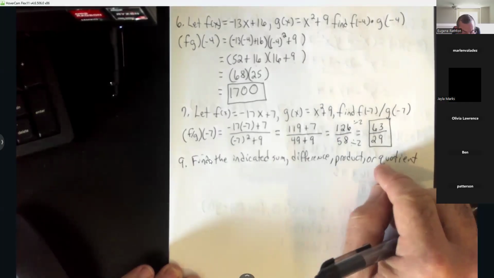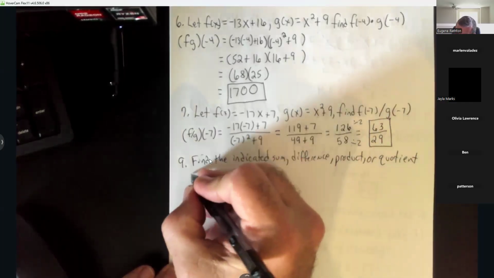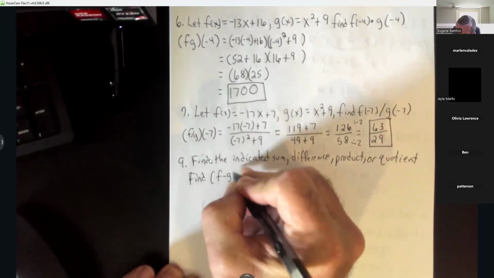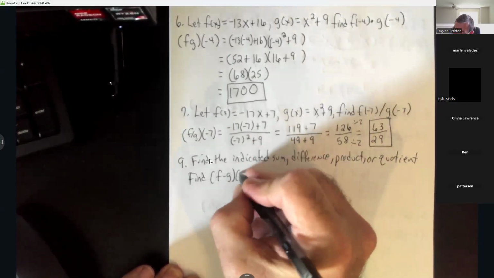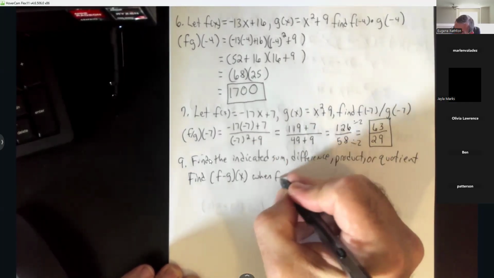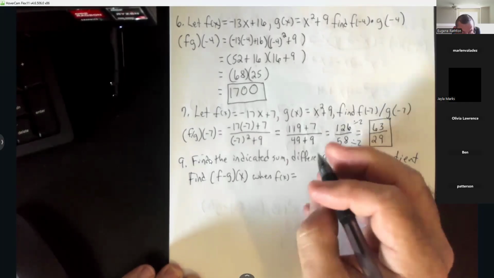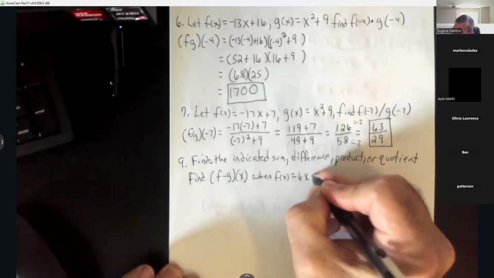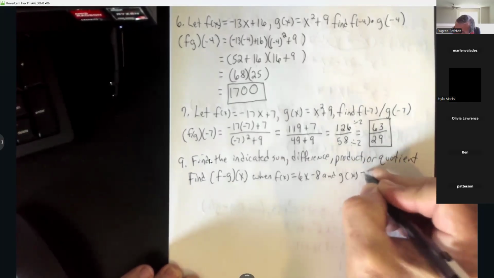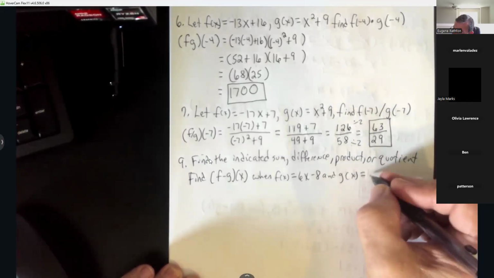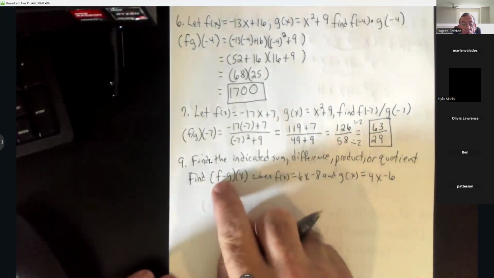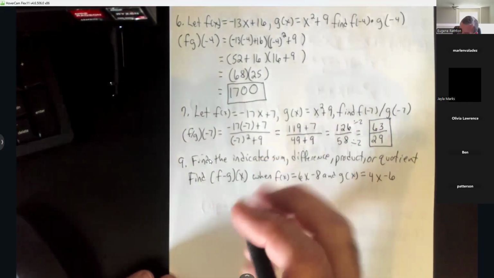They're not telling us which one, so they're telling us find f minus g of x when f of x equals 6x minus 8 and g of x equals 4x minus 6. So this one is subtraction, okay?